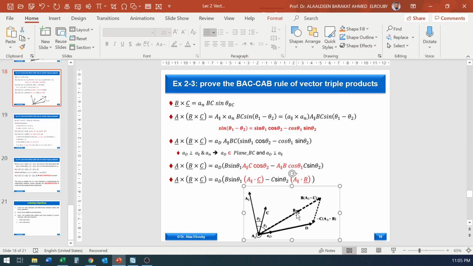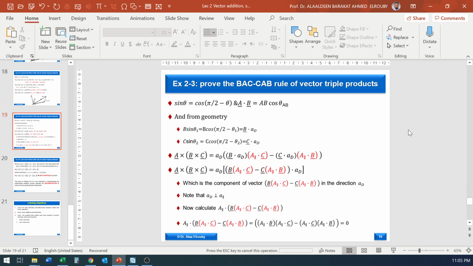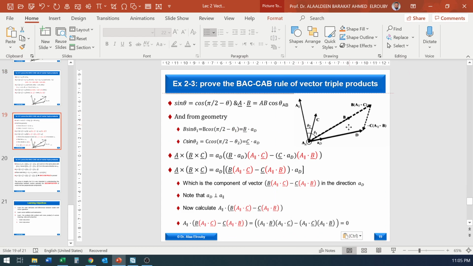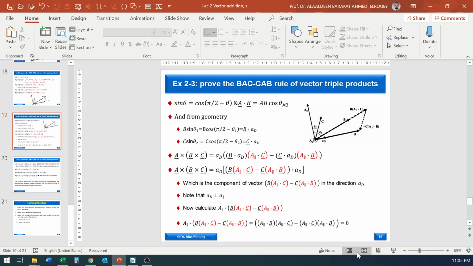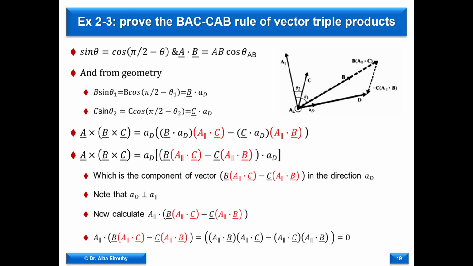I just want to bring this picture with us in this slide as well, so that we can follow easily. Okay. So here, when we have sine theta, which is this angle, it equals cosine of 90 minus theta.